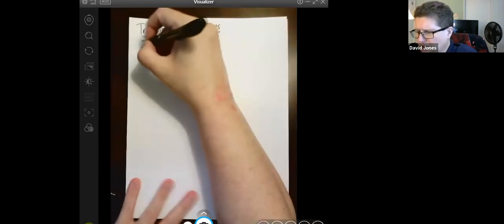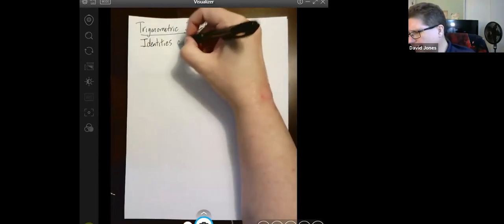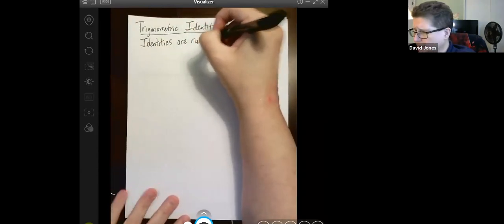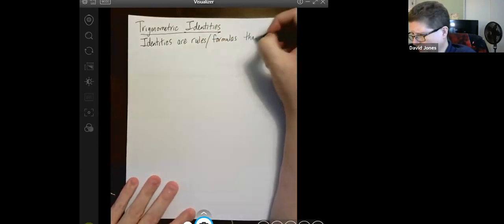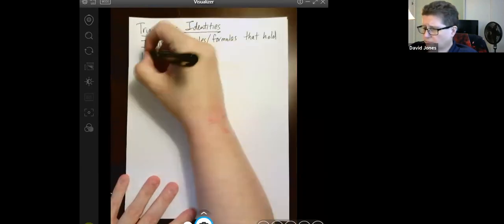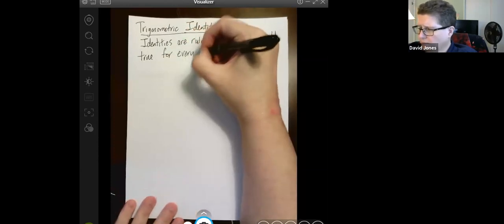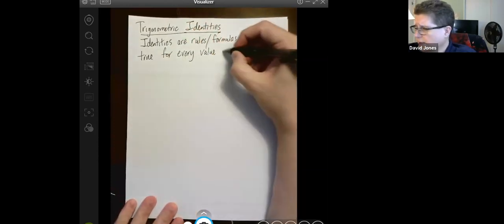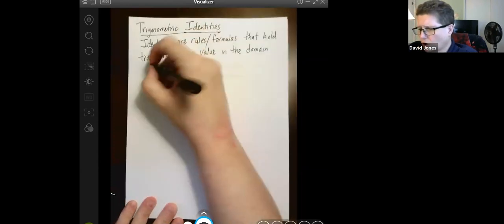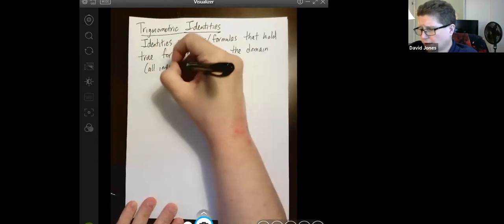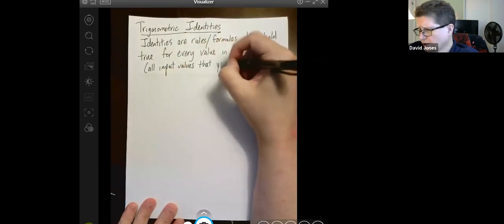Identities, I've used this word before, identity. I don't know that I've ever actually told you what it means. Identities are rules or formulas that hold true for every value in their domain. And the domain is all input values that work, that yield results.